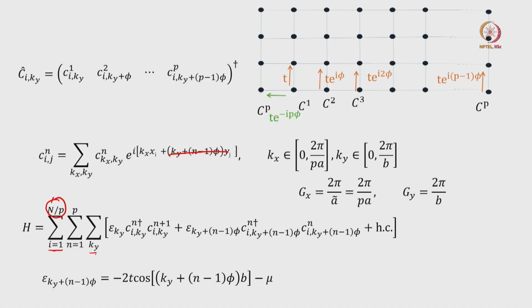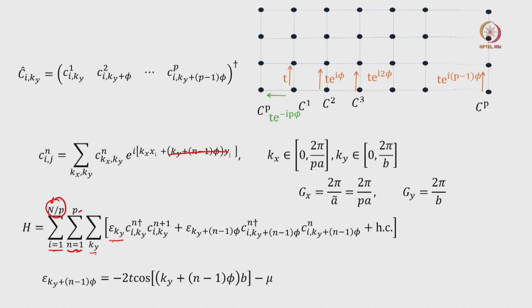So earlier we had n number of unit cells, now we will have n by p number of magnetic unit cells, and per magnetic unit cell we will have a summation over I equal to 1 to p, that is the number of electrons.